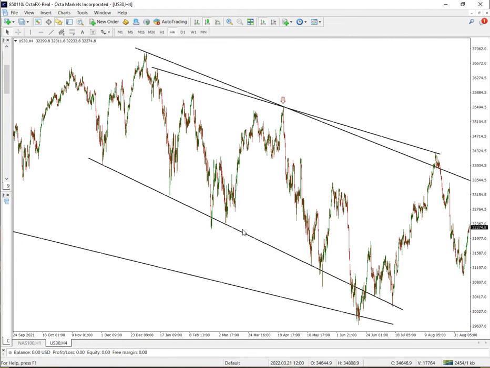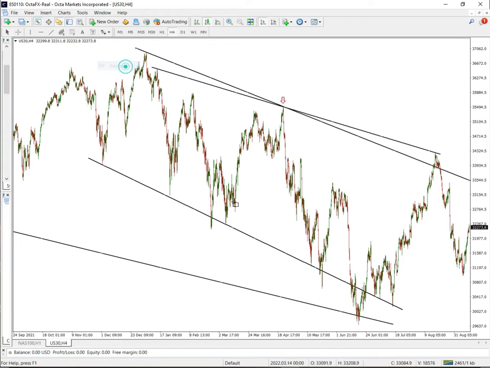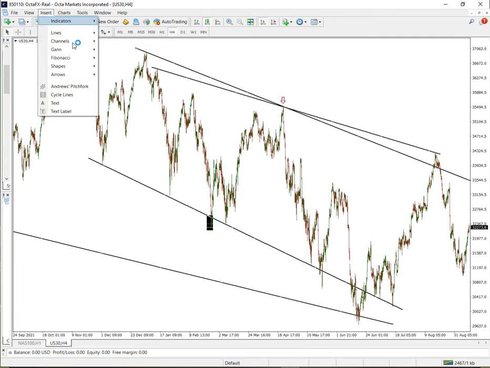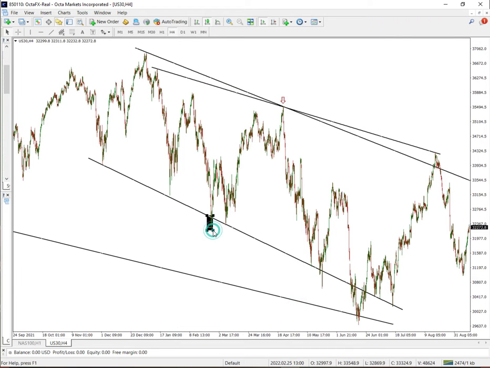Fake outs are a part of this thing. Just wanna label some fake outs here. I'm gonna consider this a fake out, exaggerated fake out. Let me just clone this. I clone that. I'm gonna consider this a fake out. There's a fake out.